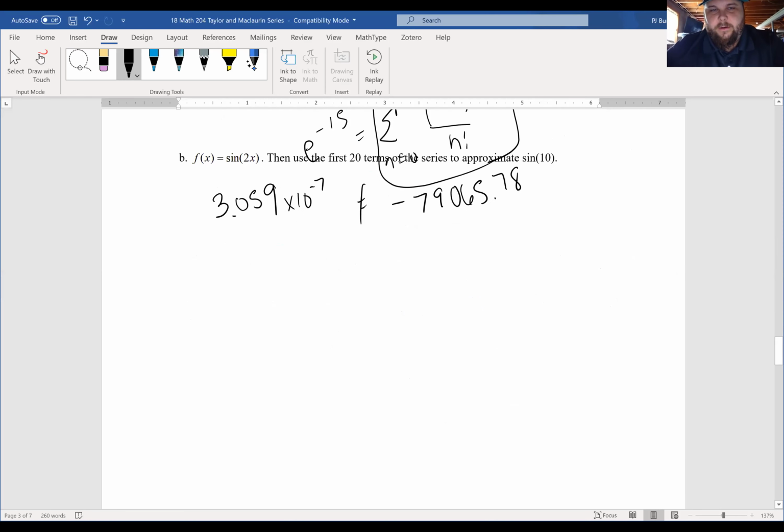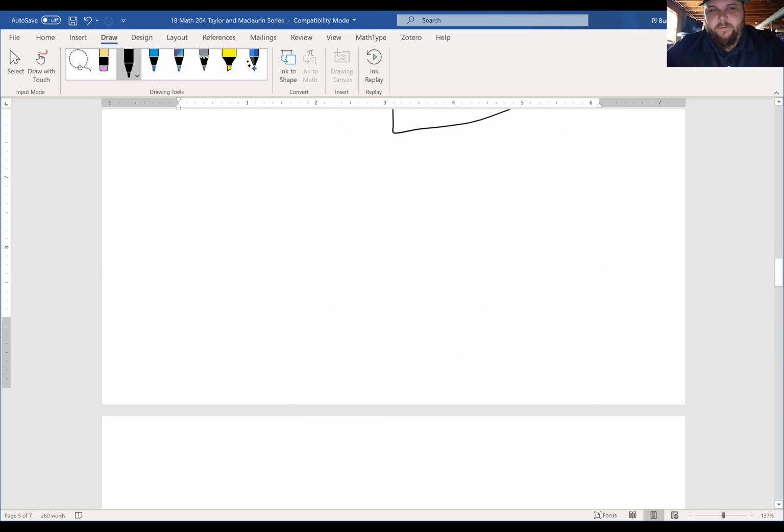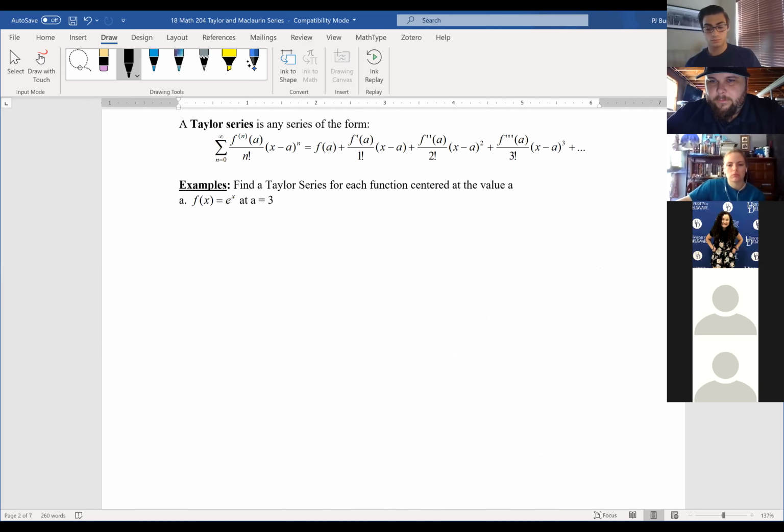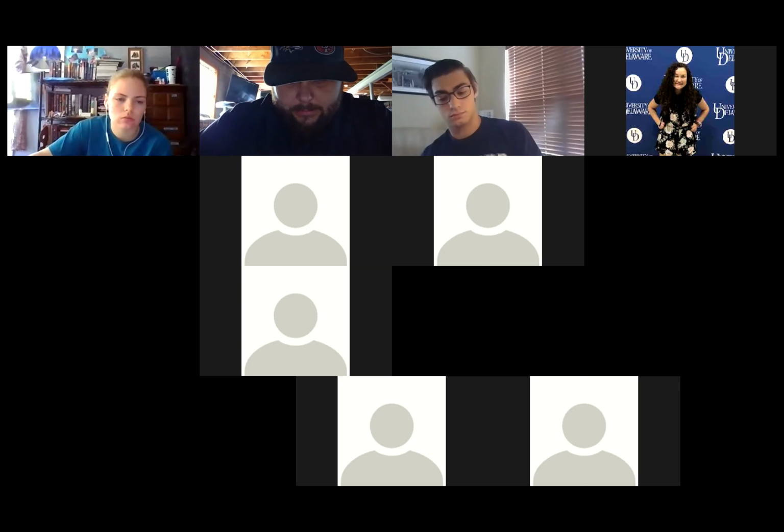There's one Maclaurin here, sine of 2x, and then the Taylor above, which was e to the x expanded about a equals 3. Hey, I see a thumbs up. All right.